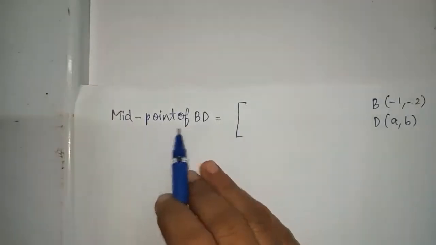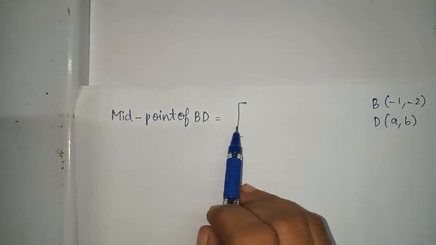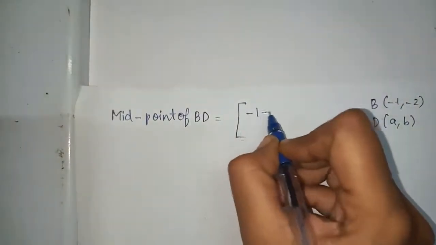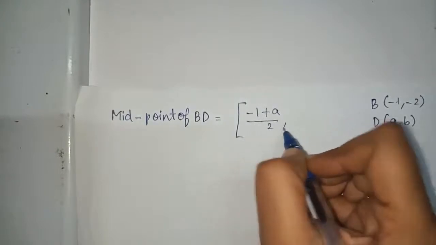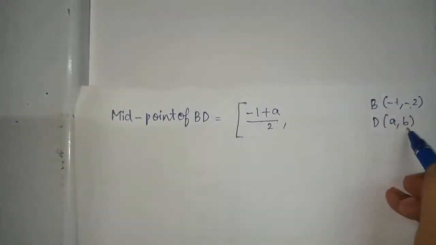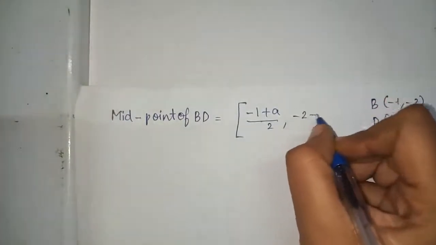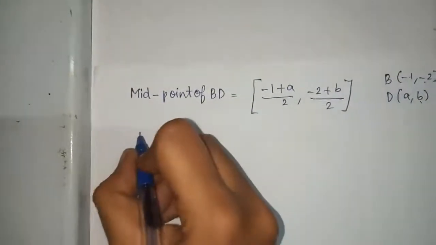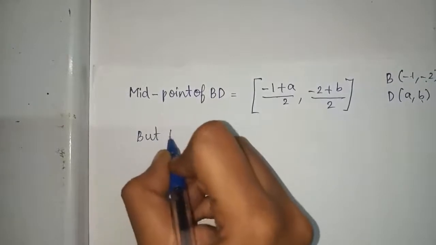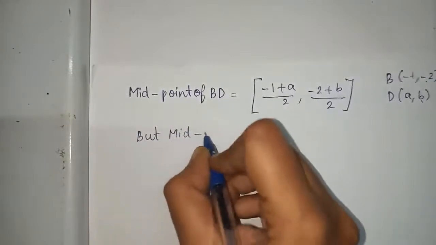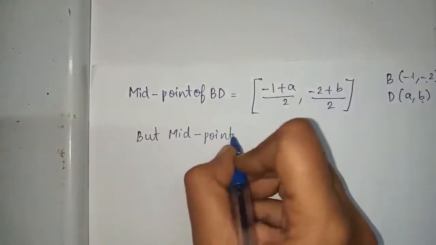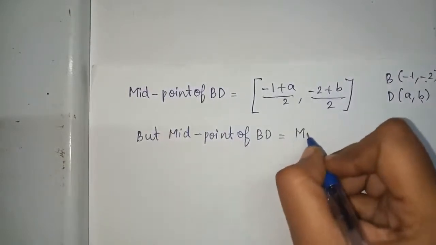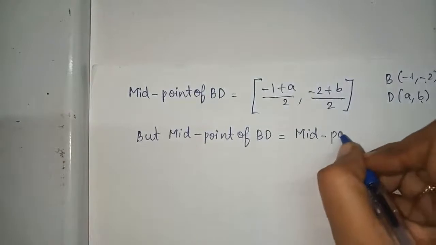So next, the midpoint of BD. The midpoint of BD is ((x1 plus x2) by 2, (y1 plus y2) by 2), so ((-1 plus a) divided by 2, (-2 plus b) divided by 2). Already we know that in a square, the midpoint of BD is equal to the midpoint of AC.